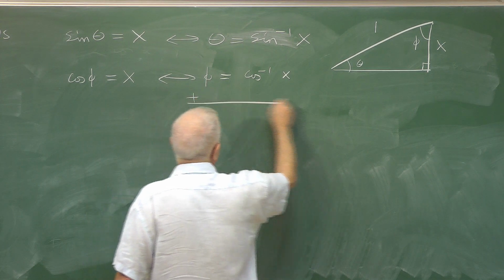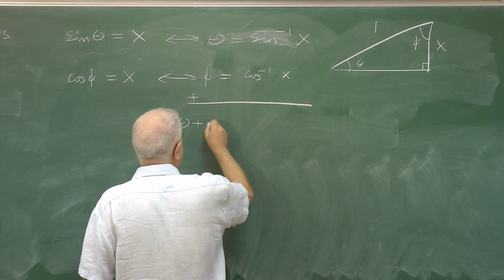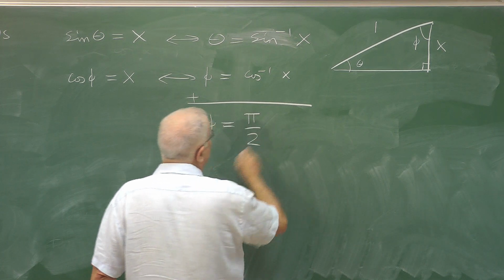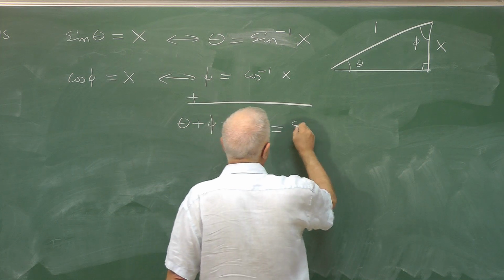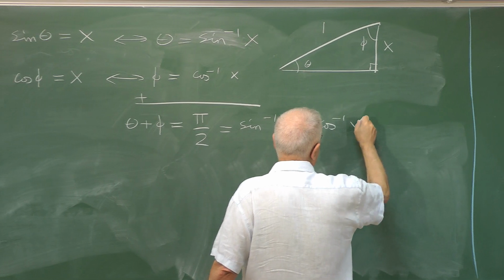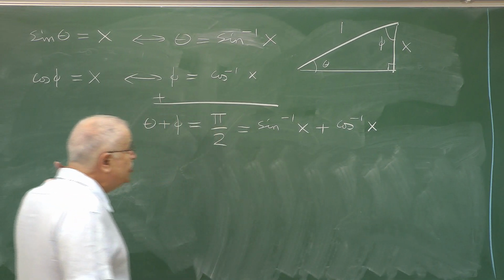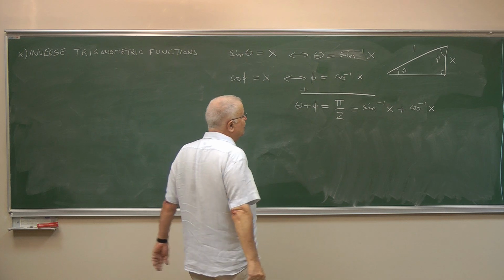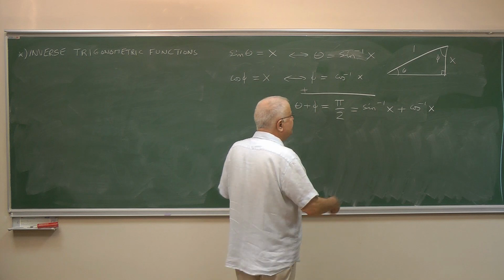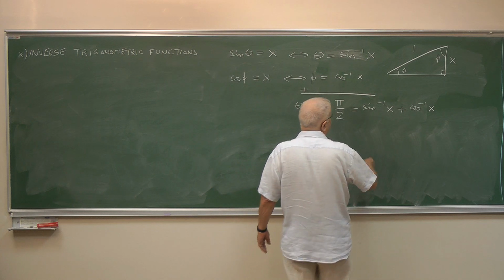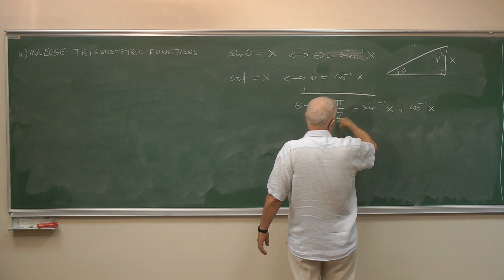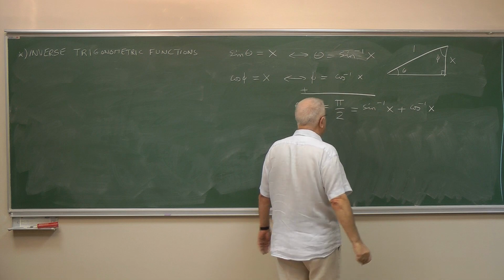So when I add them, theta plus phi, which I know to be 90 degrees, pi over 2 in calculus, equals inverse sine x plus inverse cosine x. Which tells me right away that one of the inverse trigonometric functions here is redundant. If I know inverse sine, then inverse cosine is simply 90 degrees or pi over 2 minus that inverse sine.